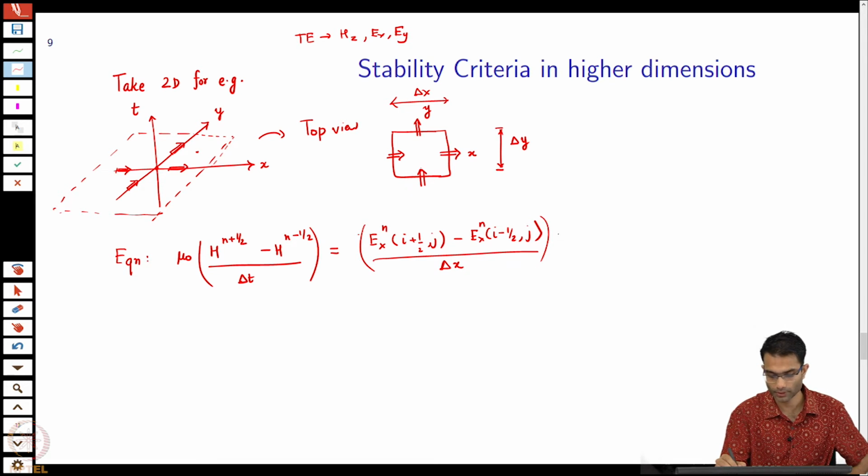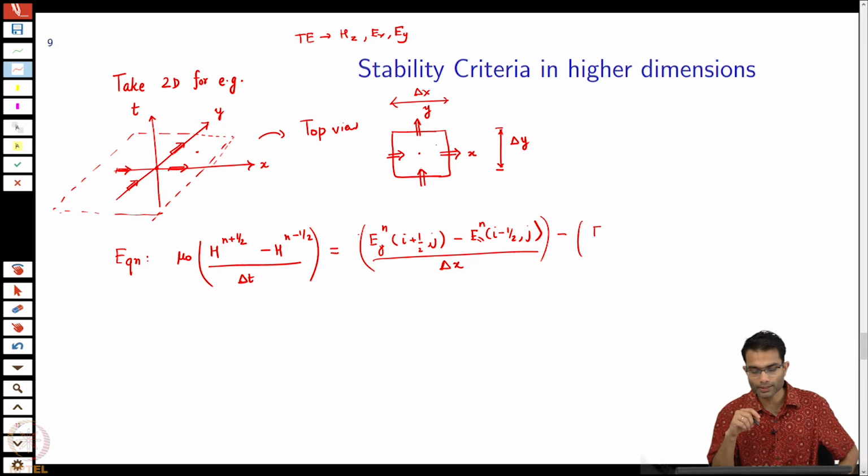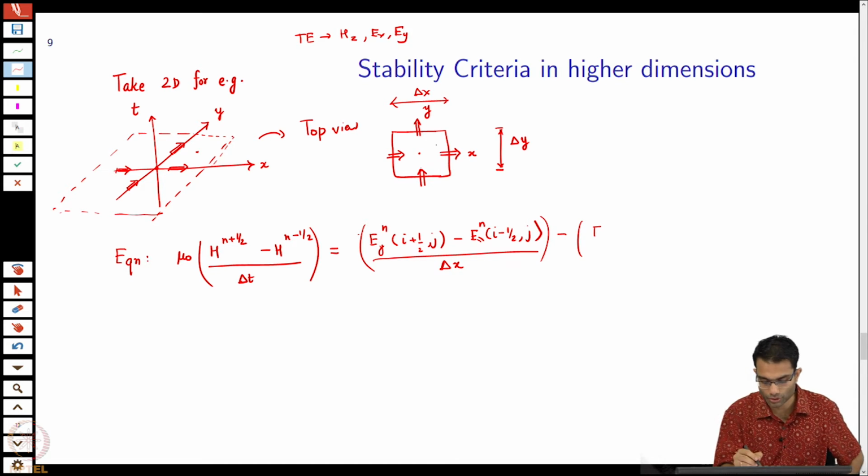This is the first term, and the second term is, actually something is not right. This, yeah, exactly. So this is Ey. So Ey is, so this is the origin over here. So Ey is being evaluated at i plus, no, so this should be Ex only, and this should be delta.